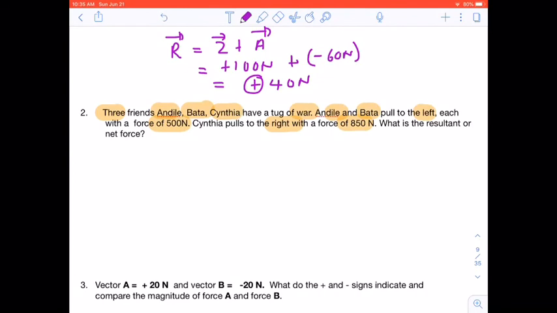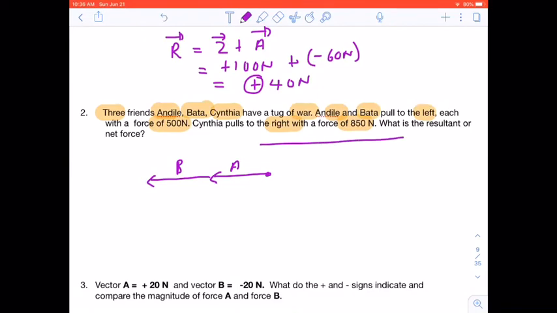So let's assume that's the point of the tug of war, and we have one person pulling there, it's Andile, and let's say the other one pulling there is Bata.